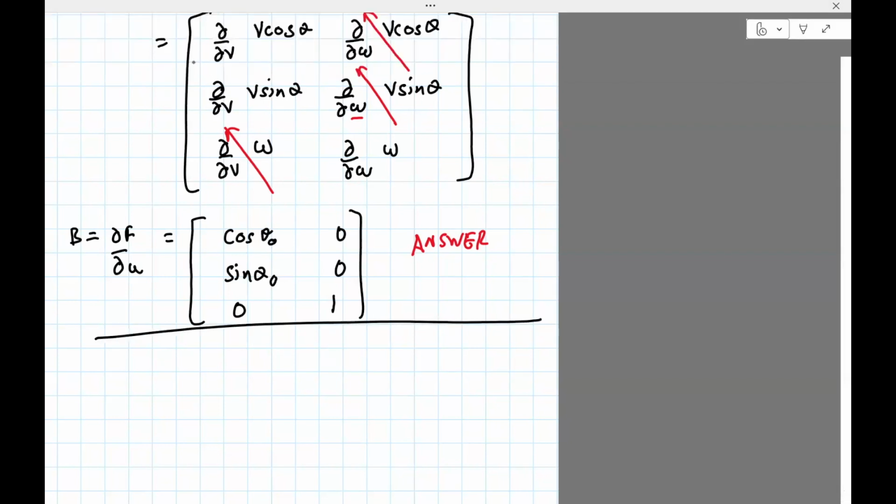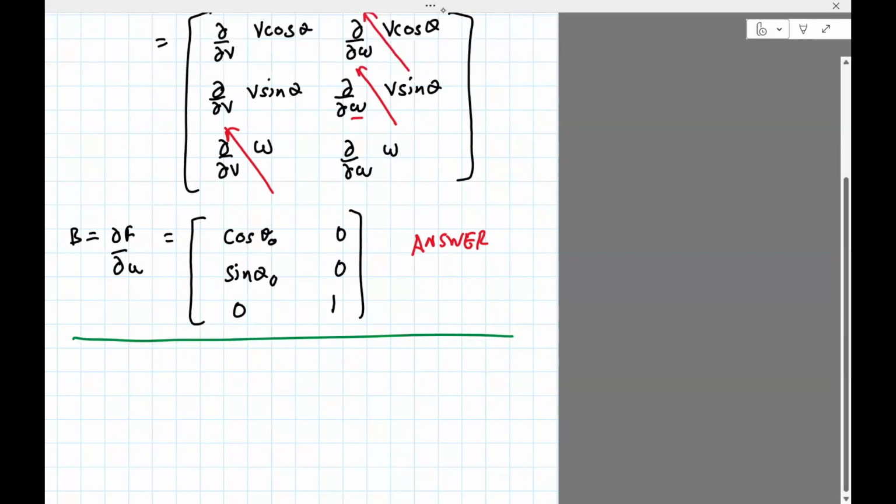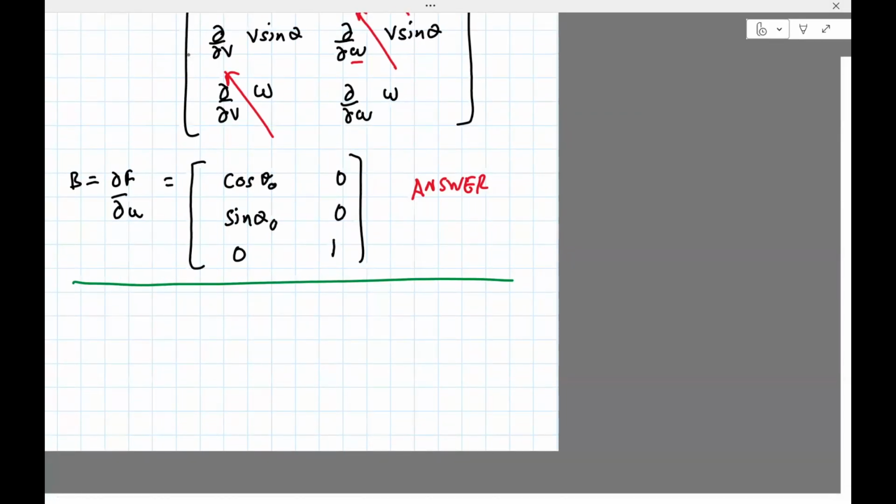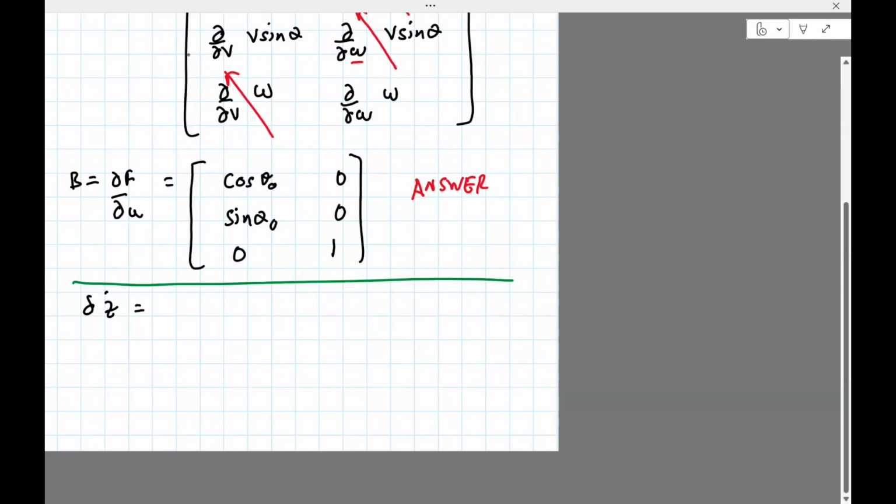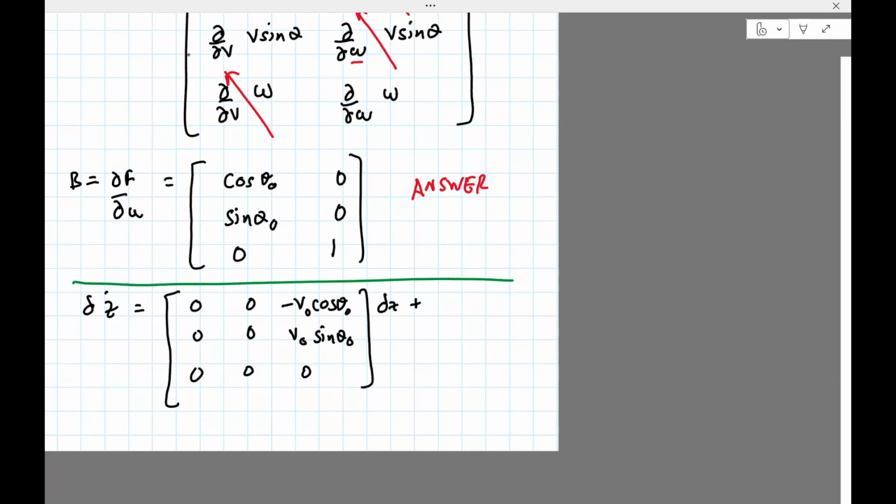So to summarize, z dot equals the A matrix, which I wrote down earlier: zeros, 0, 0, 0, 0, 0, minus v0 sine theta, 0, v0 cosine theta, 0, and 0, times z, plus cosine theta 0, 0, sine theta 0, 0, 0, 1, times du.